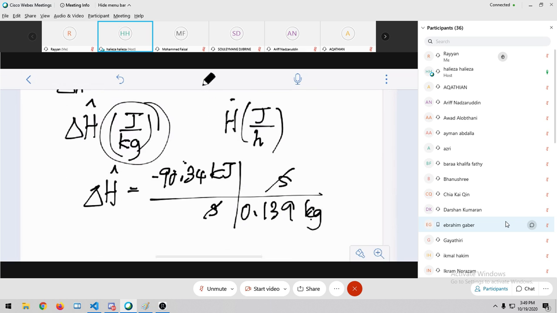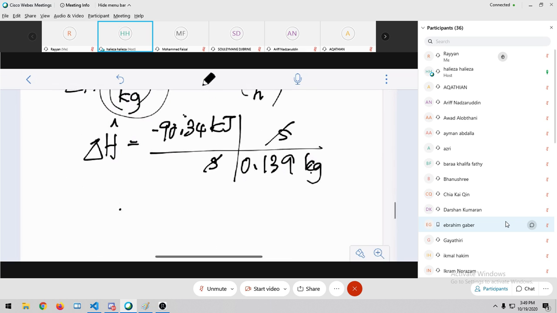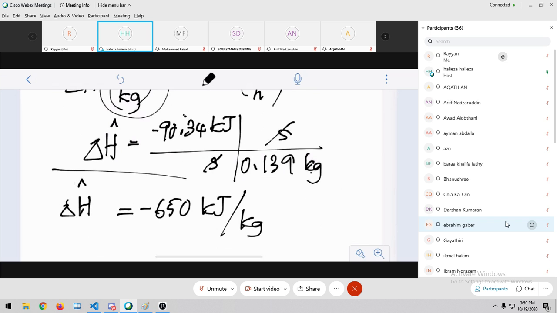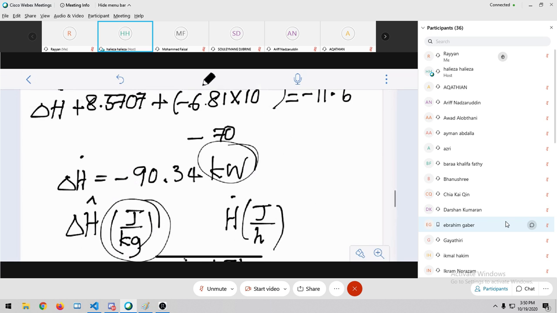Cancel off the second, and you will end up with the value. What is it in kilojoules per kilogram? Negative 650. Okay, that's the final answer. So you have two answers over here, the specific enthalpy and the rate of enthalpy change.